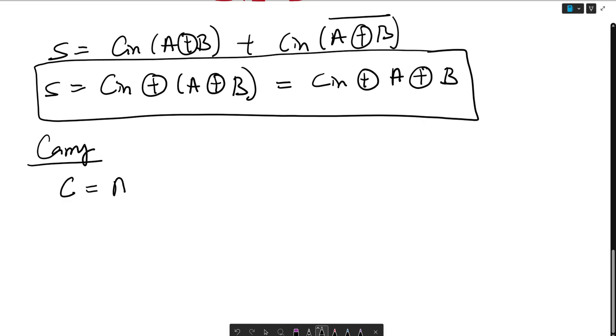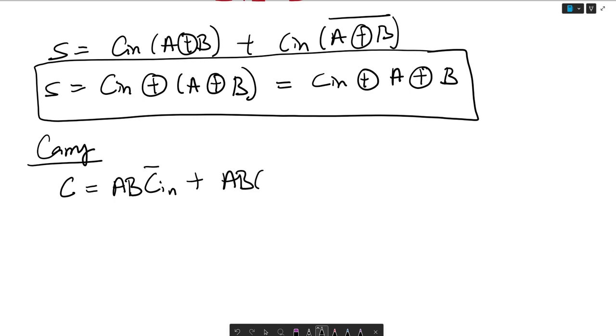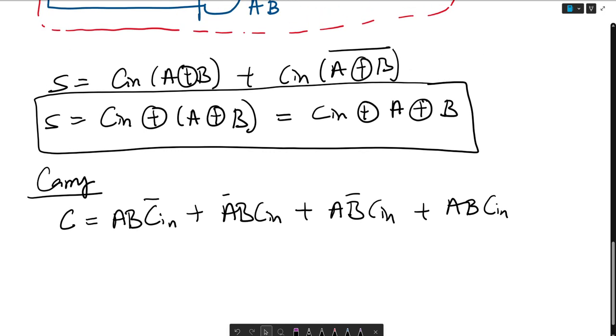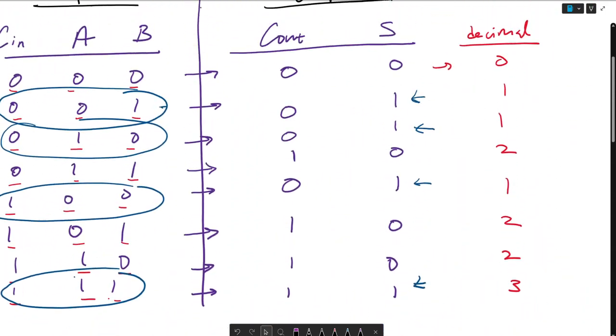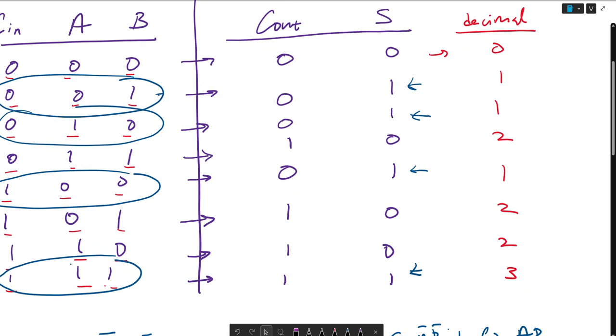C out is equal to A B Cn NOT plus A B Cn plus A NOT B Cn plus A B NOT Cn plus A B Cn. And the way I get this is by going to our C out.